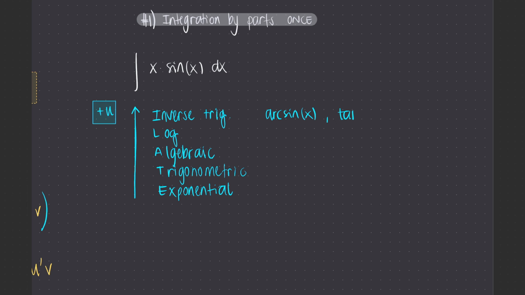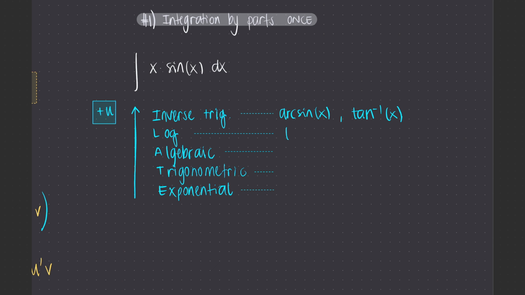For inverse, for example, you have arcsine, you have arctan. I'm going to use two different notations because some books use one, others use another. Careful, because cosecant and secant, for example, are not inverse trig functions. These are trig functions.